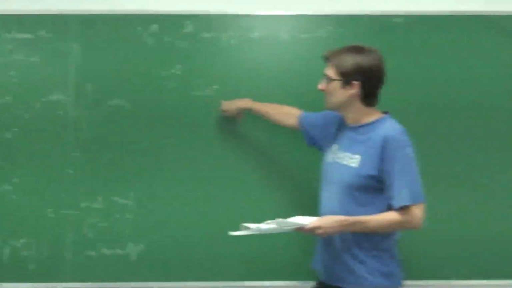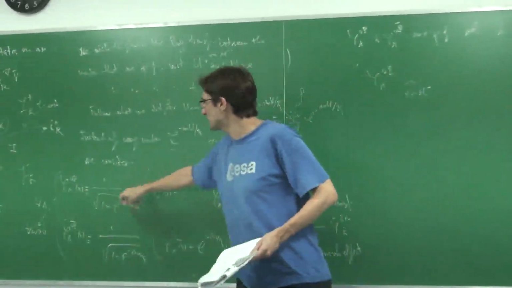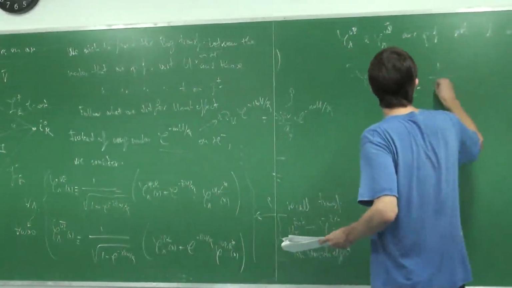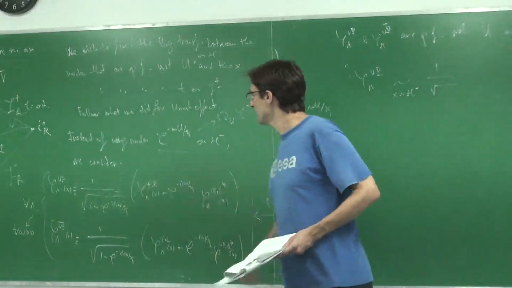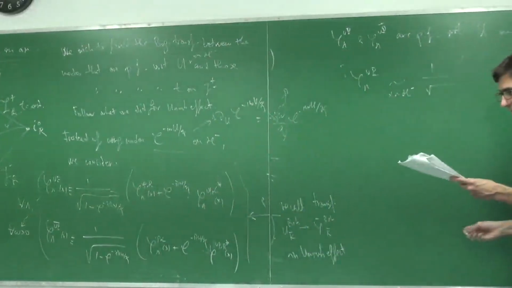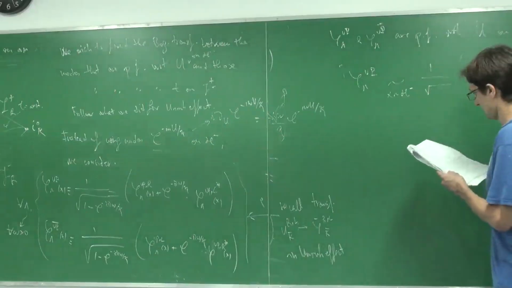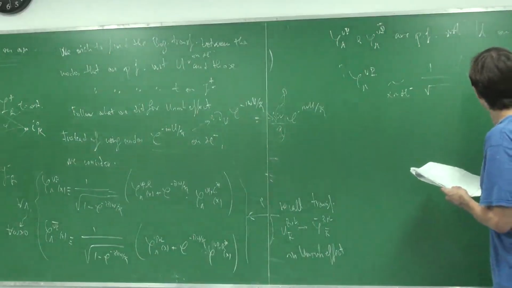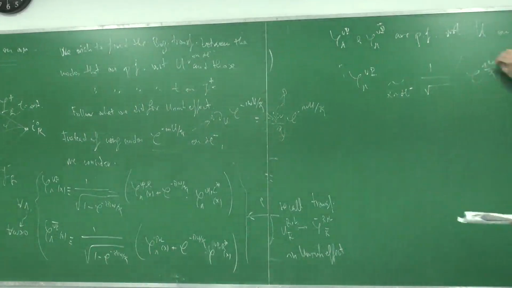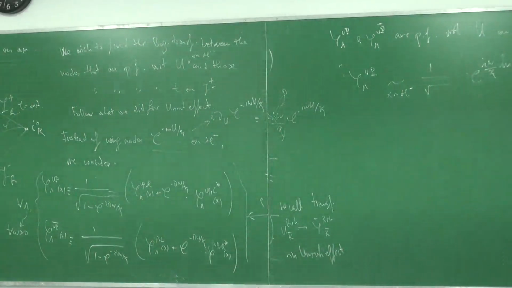So these guys, this factor here plays no role, so just put the square root. Phi lambda up, right. So this is exponential of I omega kappa log of minus kappa.